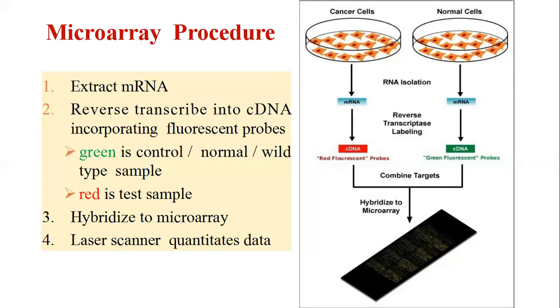But what we are trying to get is cDNA from that. So two samples of cDNA, then we have to label. The first sample should be labeled with the red fluorescent probe, and the second cDNA should be labeled with a green fluorescent probe. I don't know which one is which, which one is the cancerous one, which one is the normal one.